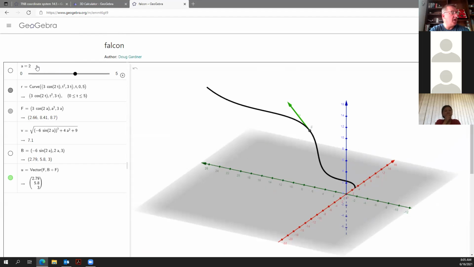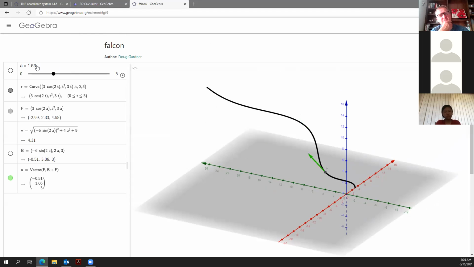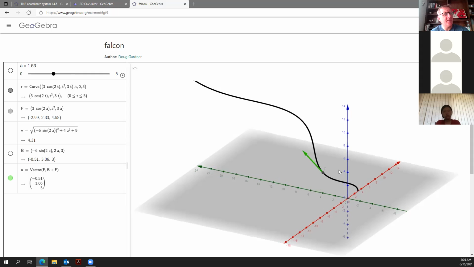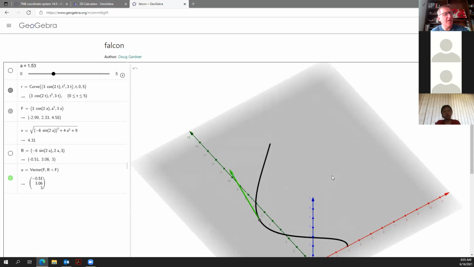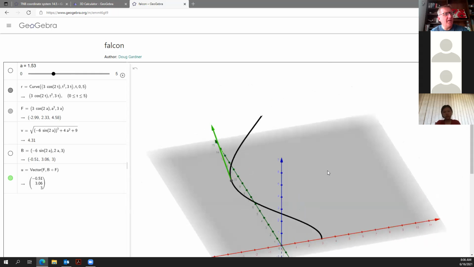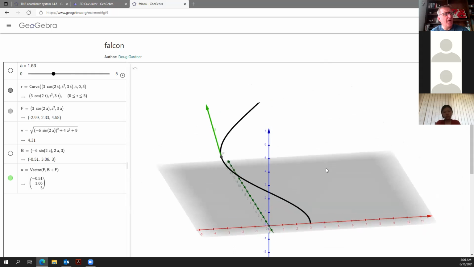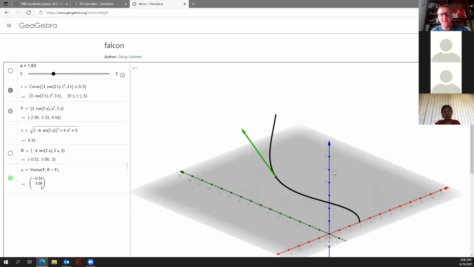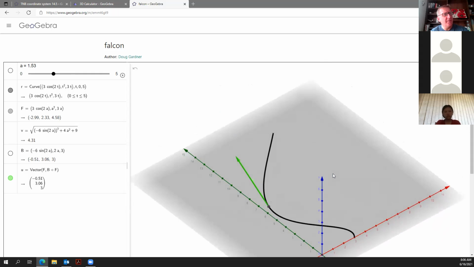So if I go there, the question is, do you see that that's a very distinct location? Where am I on that flight path? When the tangent's 0. Yeah, notice it's right at the apex of the turn right there, if you will.